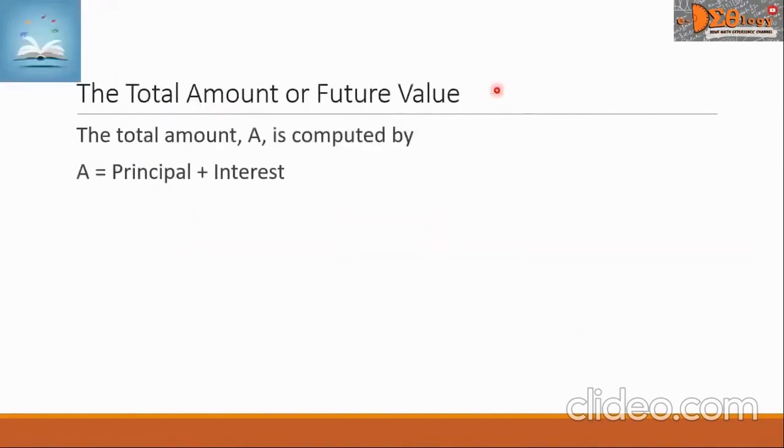Let us have more discussion about the total amount or future value. The total amount, denoted by capital A, is computed by this formula. A equals principal plus interest.